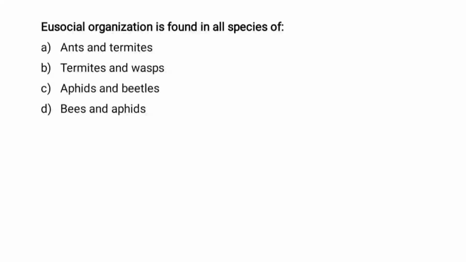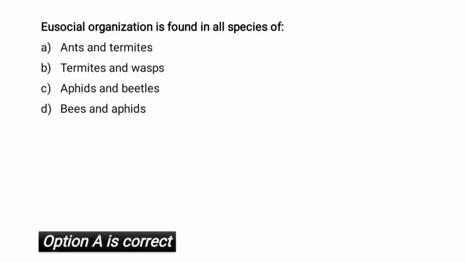Eusocial behavior is found in ants and bees, order Hymenoptera, some wasps in the family Vespidae, termites, order Isoptera, some thrips, order Thysanoptera, aphids, family Aphididae, and possibly some of the beetles of the order Coleoptera. So according to this, our correct option will be ants and termites. Eusocial organization is found in all species of these two.